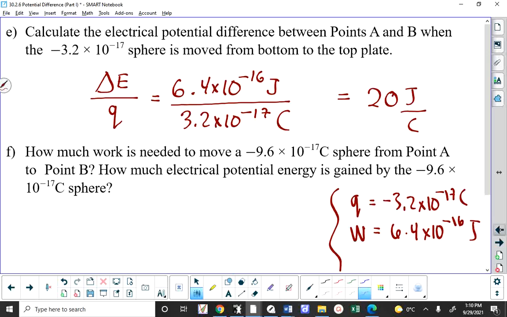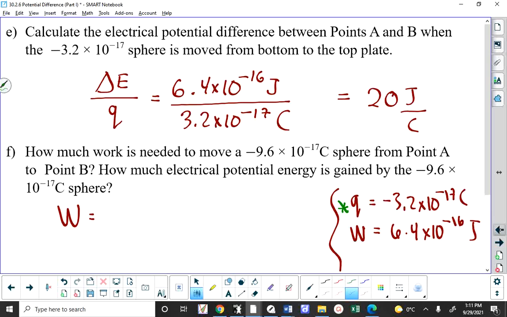The question, first of all, in F, is what if we move this charge instead? So how much work would be required? Well, let me ask you a question. Would the same amount of work be required to move this charge in F as the work was to move this charge in whatever letter that was?